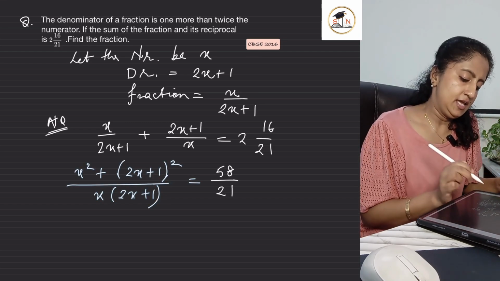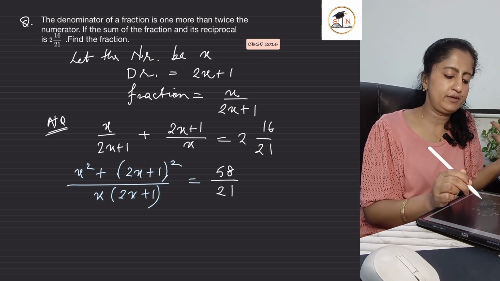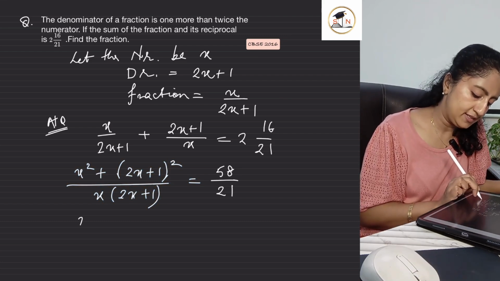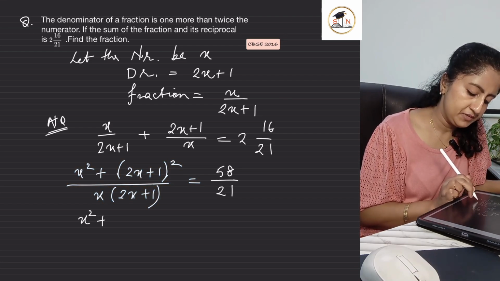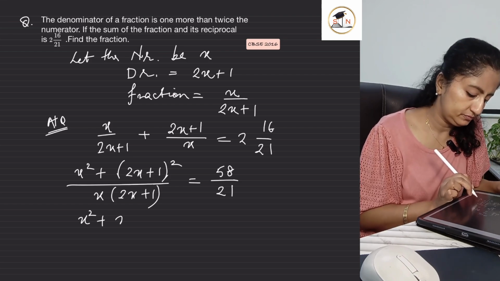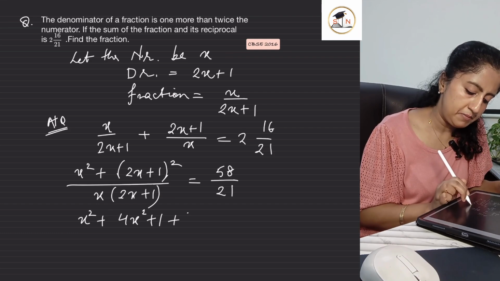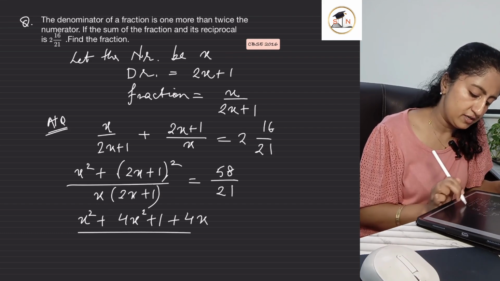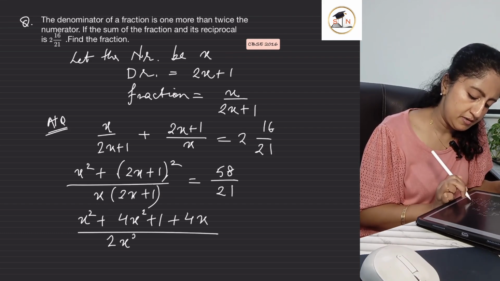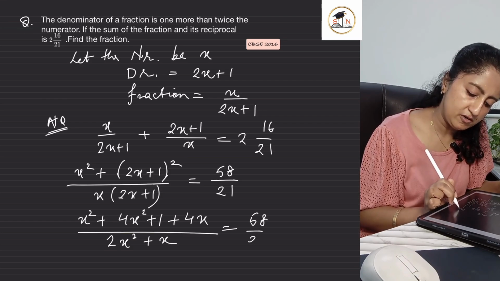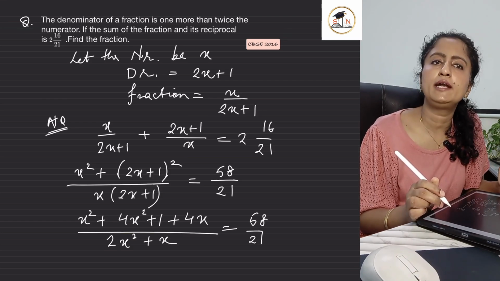In the next step, I'm going to expand the numerator and the denominator also, applying the relevant identity on top. So it gives me 4x square plus 1 plus 4x over 2x square plus x equals 58 over 21. This is what we get.